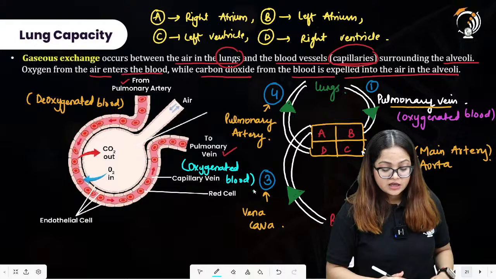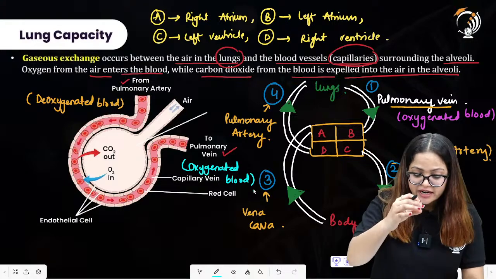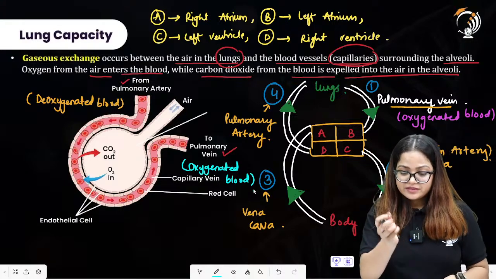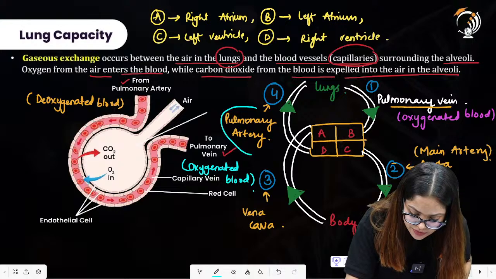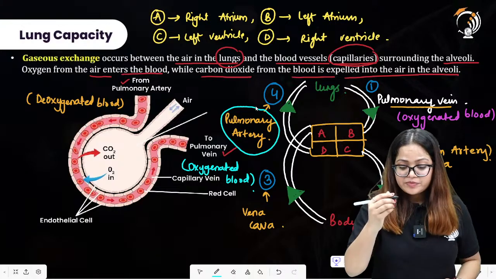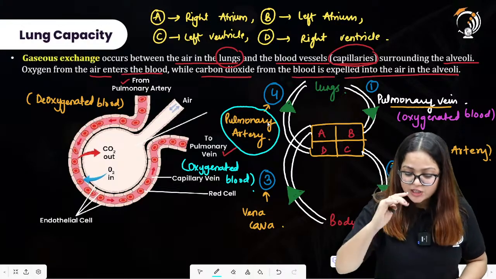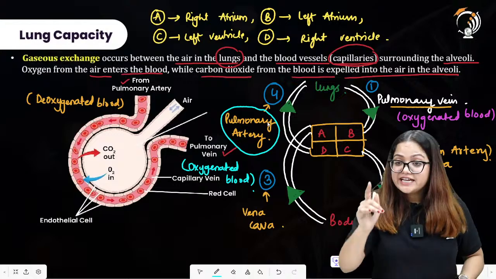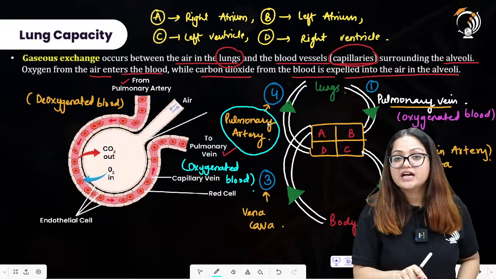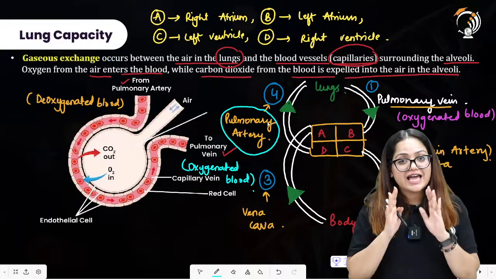Now, the deoxygenated blood is coming from the pulmonary artery that we have just mentioned. This is the blood vessel which is carrying deoxygenated blood toward the lungs, and inside the lungs we have these alveolar sacs where oxygenation is actually occurring.